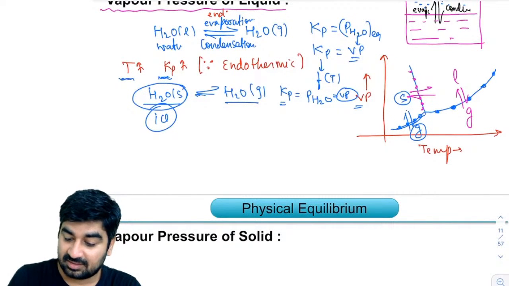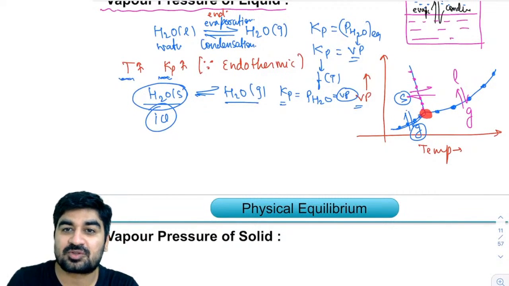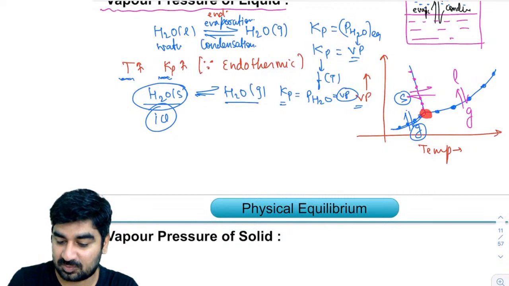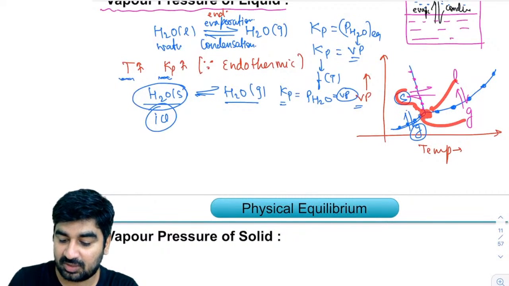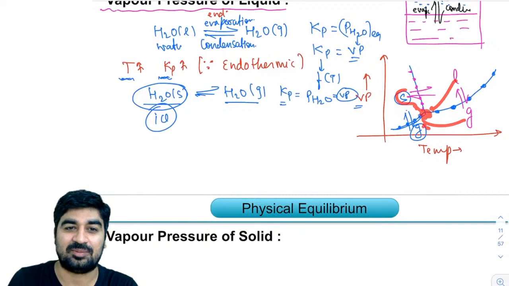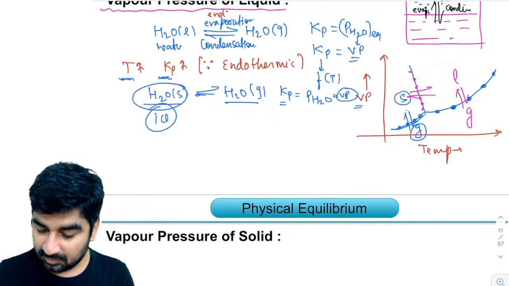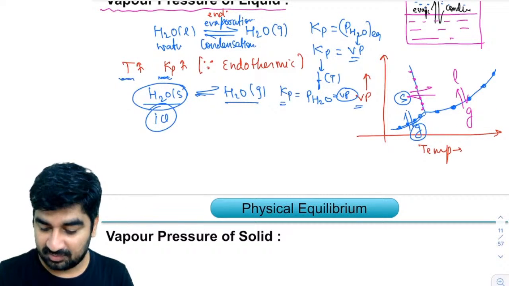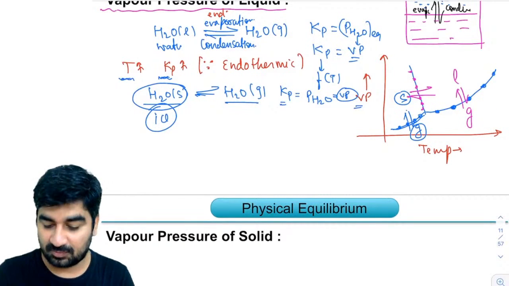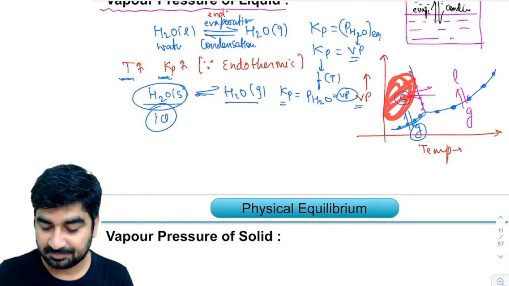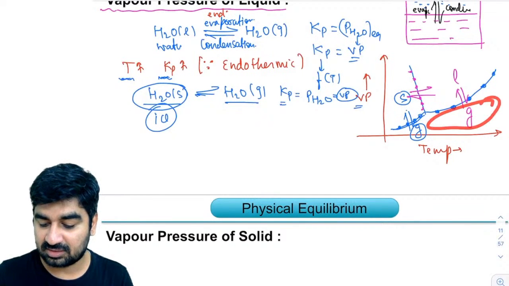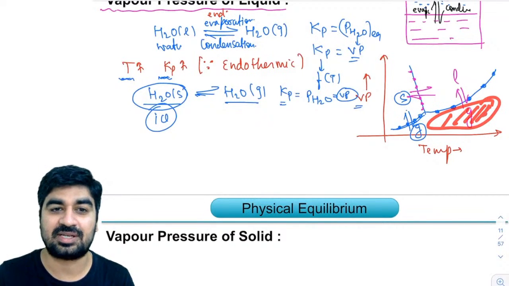And guys, in this diagram, this is called the triple point. At this point, solid, liquid and gas, all three are in equilibrium. And here we have liquid in this region, we have gas in this region, and we have solid in this region. So if you are in this region, it would be ice. If you are in this region, this would be gas, vapor, steam.